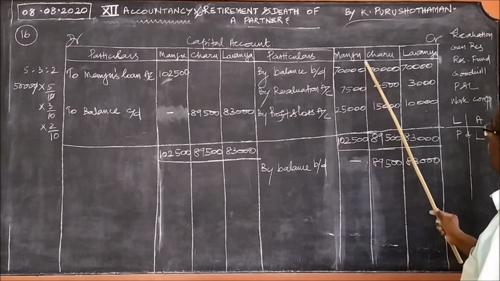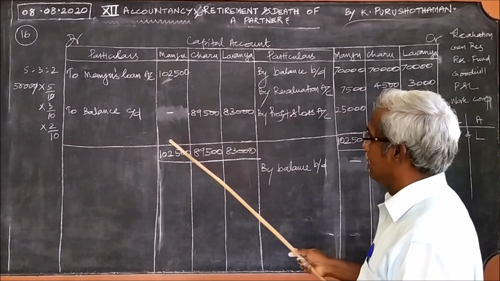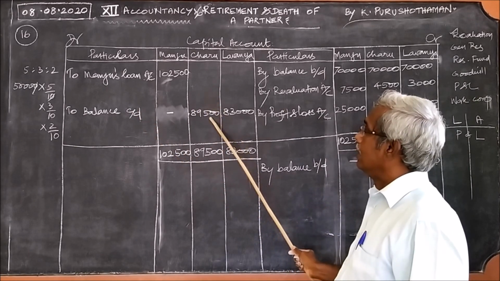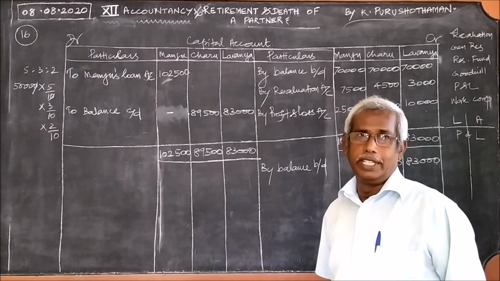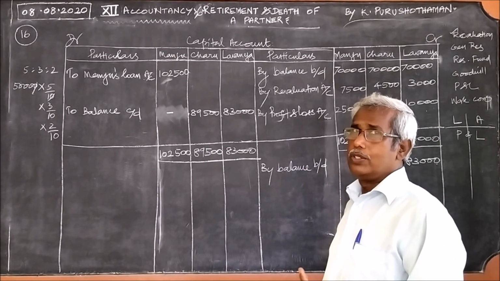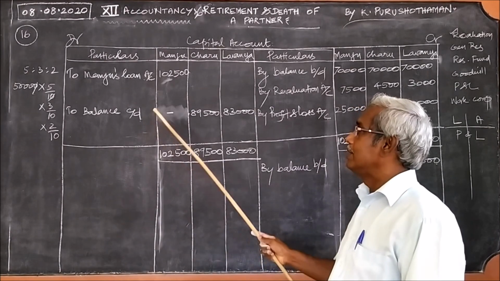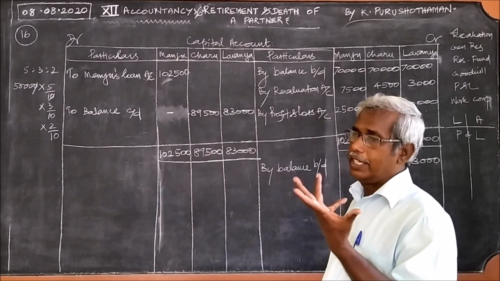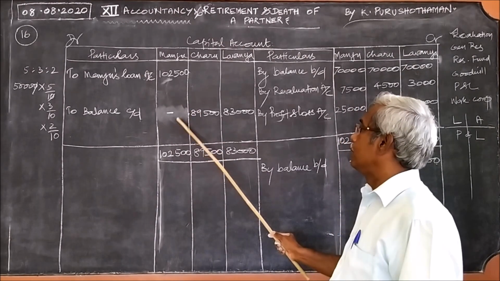Now we can close and we have found out the total, and the same total can be written here to balance carried down as I said just now, but we cannot write for Manju because Manju is the retiring partner. On Manju's name we cannot retain the balance there because she has retired already. This capital account is prepared after the retirement. So there is no meaning of writing there in the balance. So we should not write.